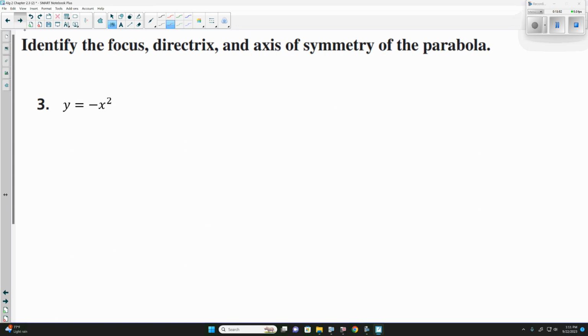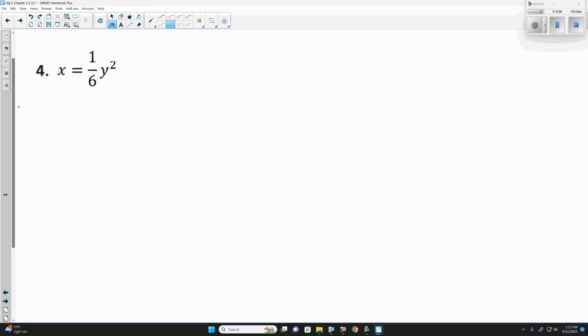I'm going to skip this one and look at this one here. X equals 1/6 y squared. Yeah, just go on and change it.